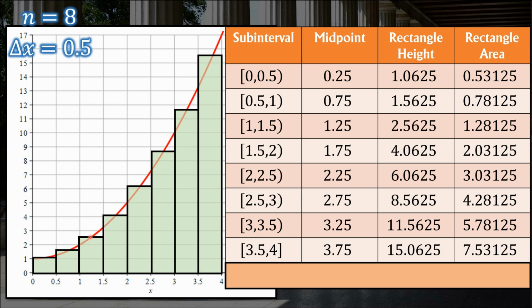That determines the height of the rectangle. Widths were always the same. That was just the delta x that we've got going on. So I find the areas of all of those rectangles and I add them all up, and that gives me an approximation of the area. In this case, 25.25. Actual area underneath this curve is 25.33, so that's not bad.